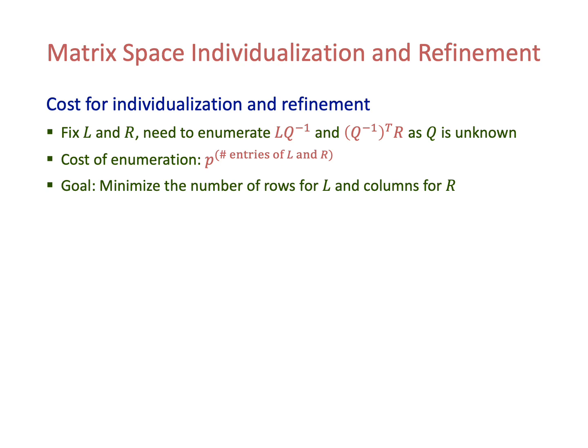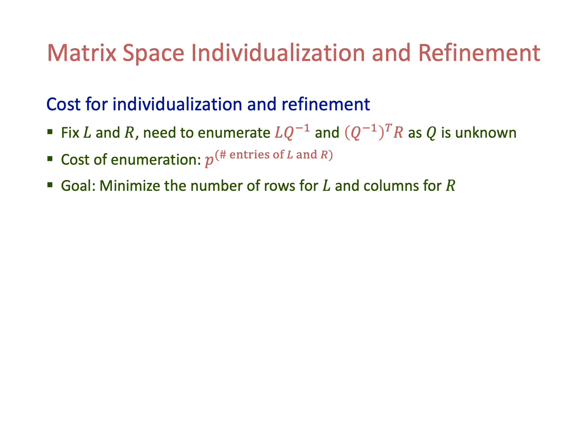What's the cost of this individualization and refinement method? The key is to find left and right matrices for both spaces that are equivalent up to an isometry between the two spaces. To achieve this goal, once we determine individualization matrices for one space, we need to enumerate the equivalent ones for another space, because the isometry is unknown.